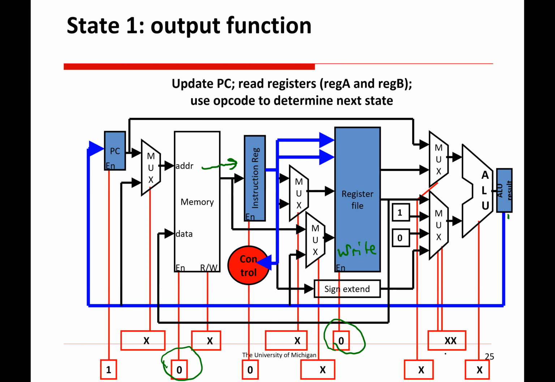Any question on how we're implementing the decode stage? We're decoding the instruction that came into the instruction register by reading it into the control and also looking at specific bits to figure out which registers I need. So we're not actually reading the registers yet. Basically, what's happening is that we're sending in the register indices, and the register file is reading the values, but it's not outputting them yet.